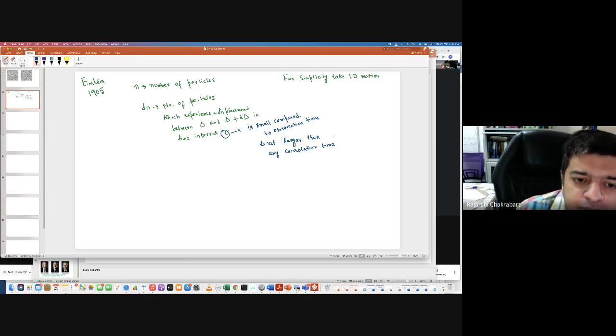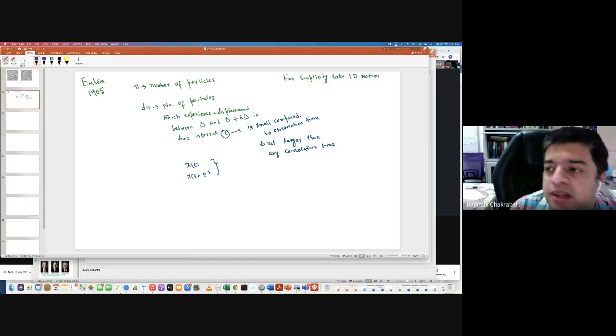Okay, so if I know the particle position as x(t) and x(t plus tau), using my notation tau, then these two positions are completely uncorrelated.